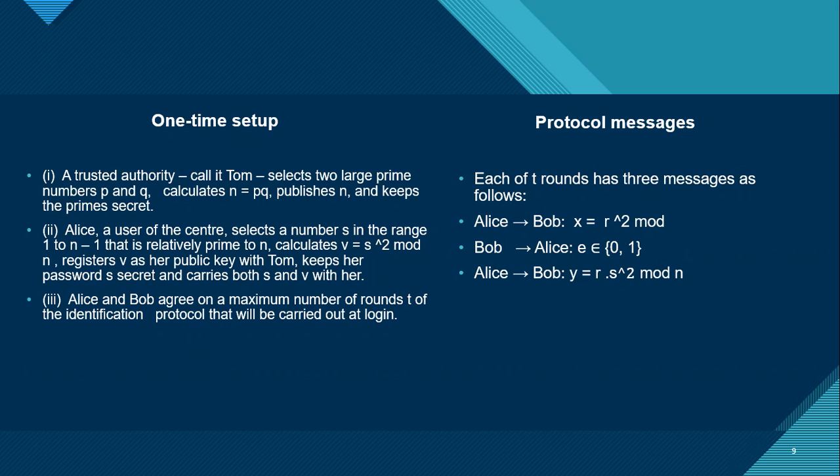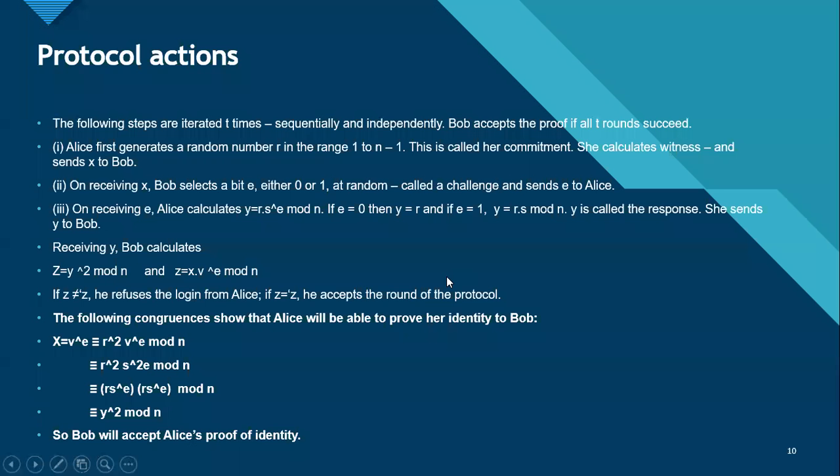Alice and Bob agree on a maximum number of rounds T of the identification protocol that will be carried out at login. Protocol messages. Each of the T rounds has 3 messages as follows: Alice to Bob, Bob to Alice, Alice to Bob. Protocol actions. The following steps are iterated T times sequentially and independently. Bob accepts the proof if all T rounds succeed.